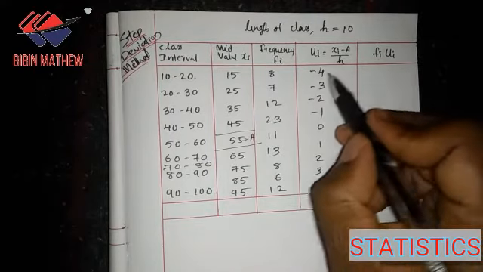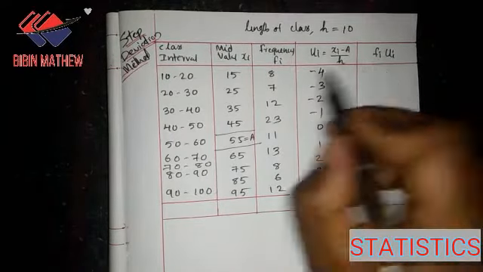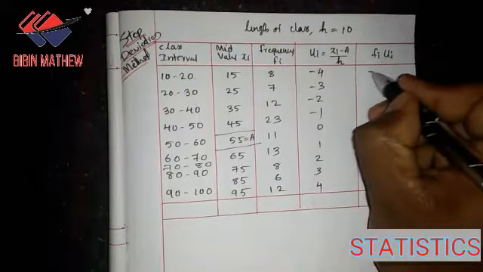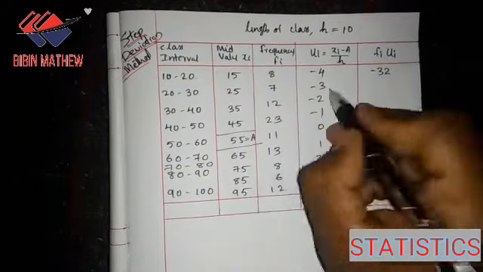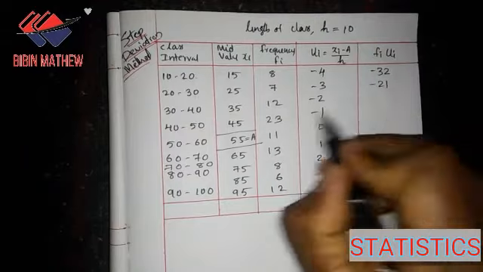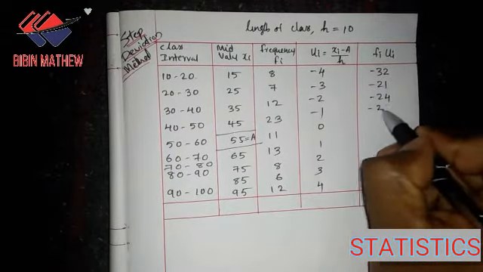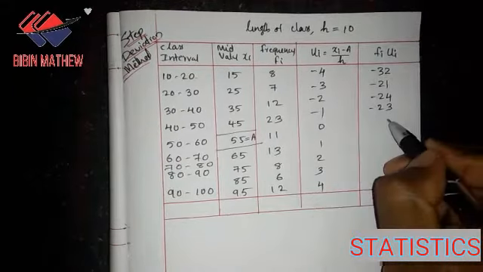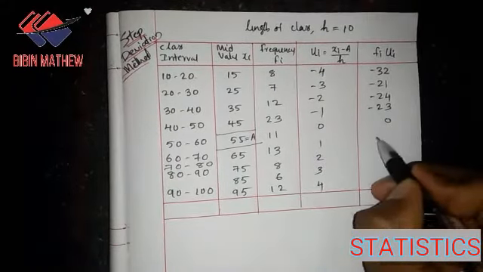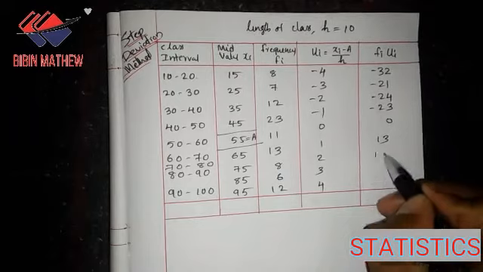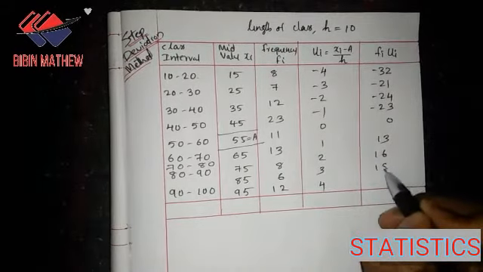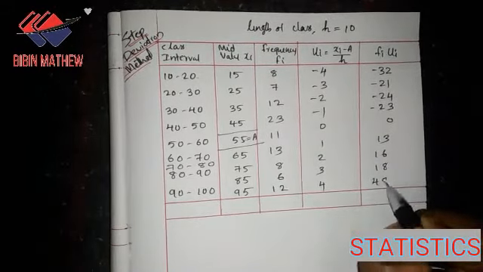Now fi into ui. 8 4s are 32, it is minus. 7 3s are again 21, there is also minus. 12, 24, minus 23. 11 zeros are 0. 13 into 1, 13. 8 2s are 16. 6 3s are 18. 12 4s are 48.